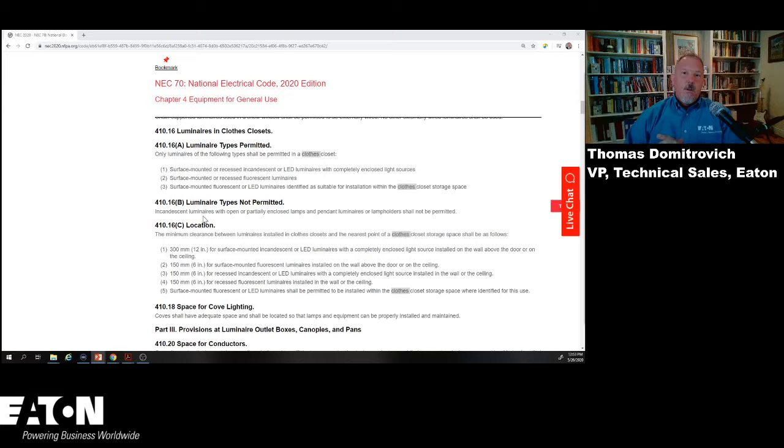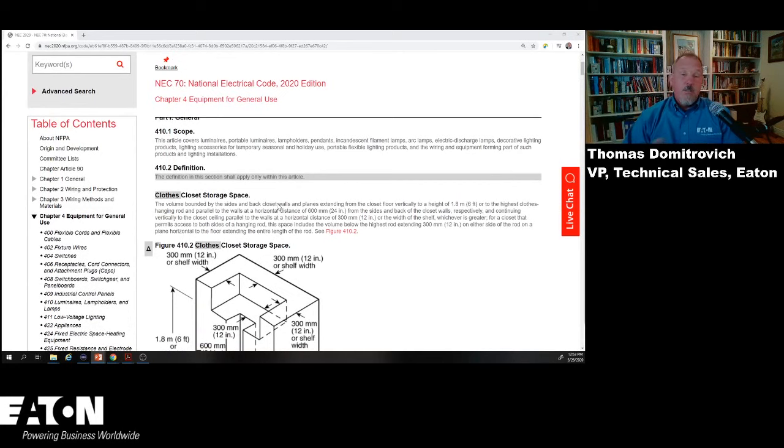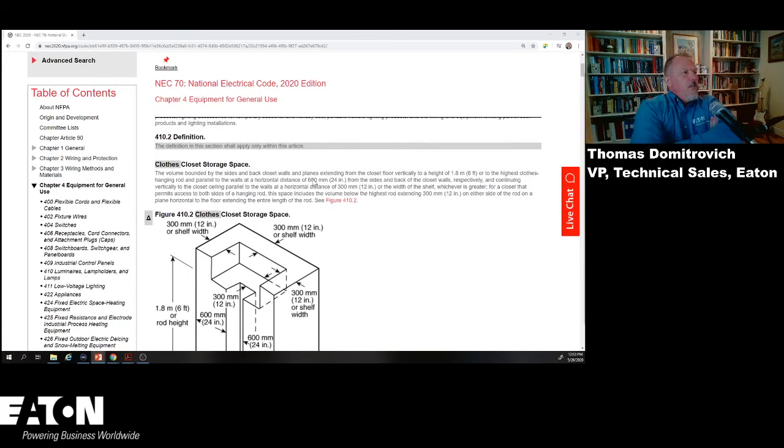Okay, does a closed closet? Well, let's take a look at the definition, because I was just sitting there thinking I could have a closed closet that is nothing but T-shirts that I fold and put on shelves. So let's take a look at that. The volume bounded by the sides and back closet walls and planes extending from the closet floor vertically to a height of 6 foot, or to the highest closet hanging rod and parallel to the walls at a horizontal distance from the sides and back.